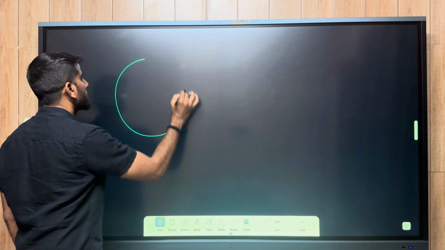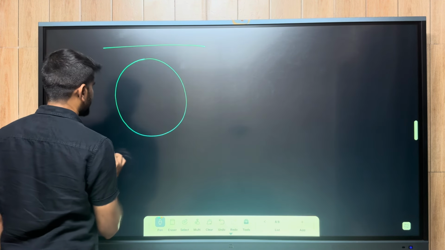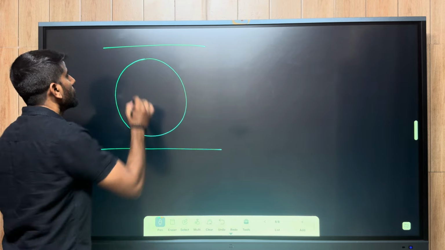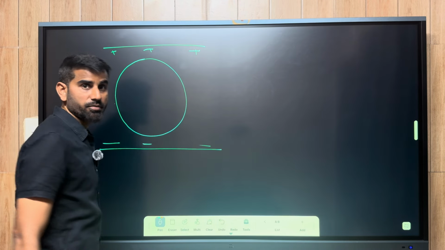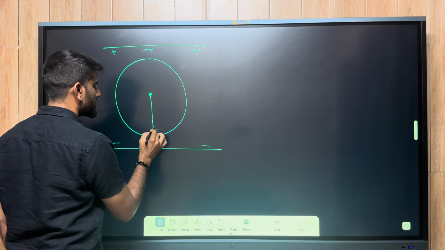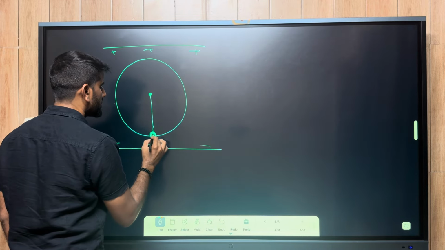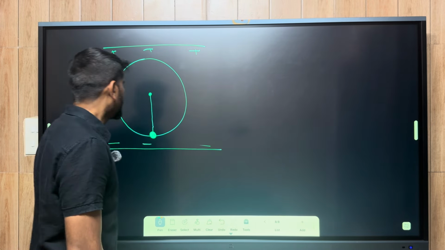Let's say a particle is rotating in a vertical circle, but before that I've taken two plates. One is positive and the other one is negative, and there is a fixed point. From the fixed point there is a string which is being held freely.